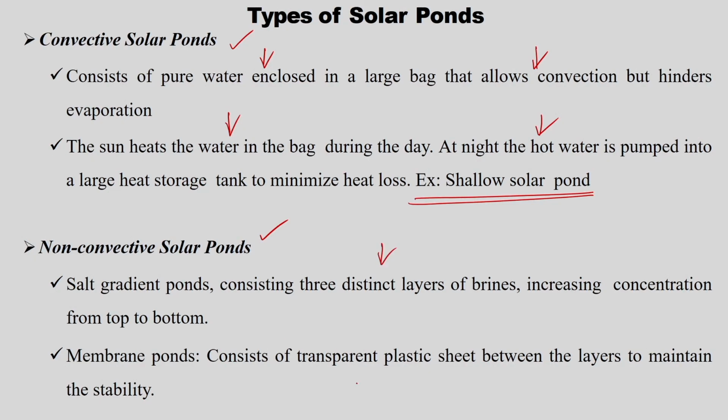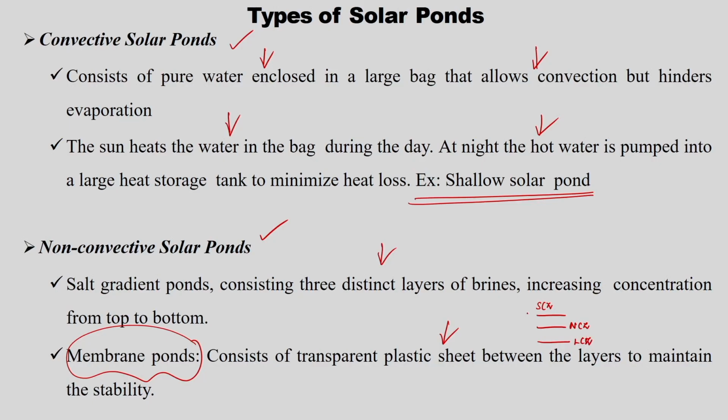It consists of three distinct layers of brines, increasing in concentration from top to bottom. So, membrane ponds are also available. Here in membrane ponds, we keep a plastic sheet between the layers to maintain the stability. Otherwise, there would be an interface layer. For example, this is SCZ, surface convective zone, this is NCZ, and then the lower convective zone.